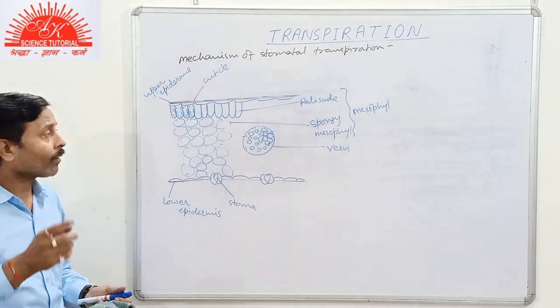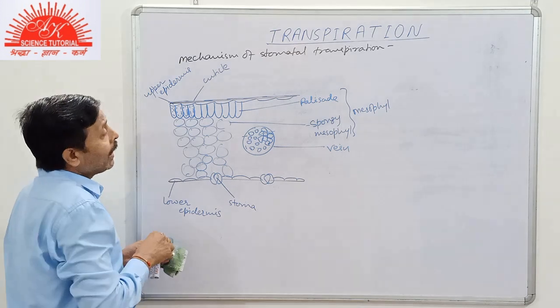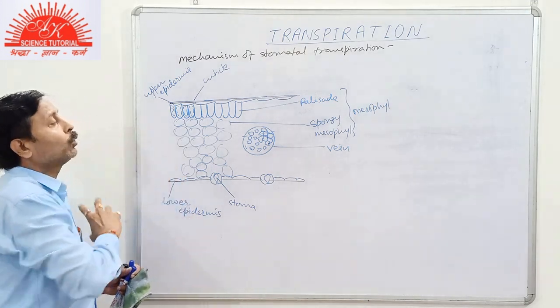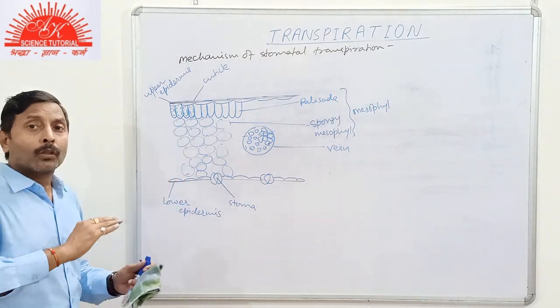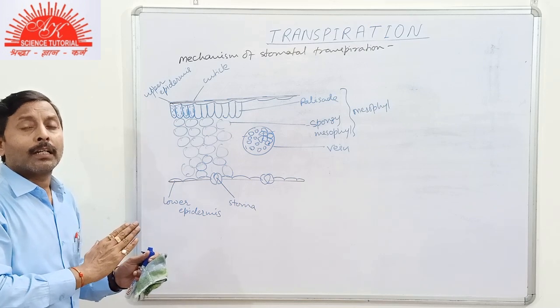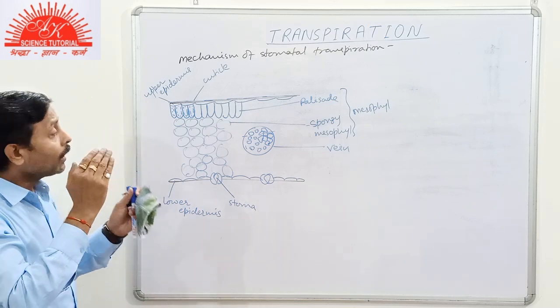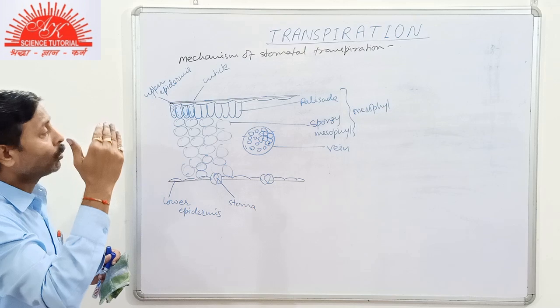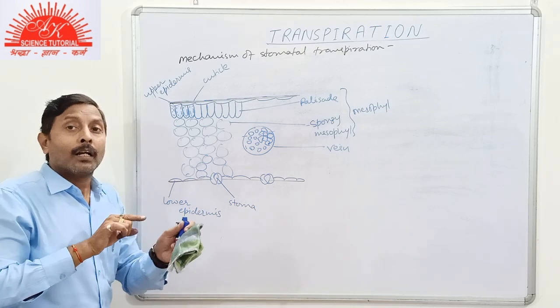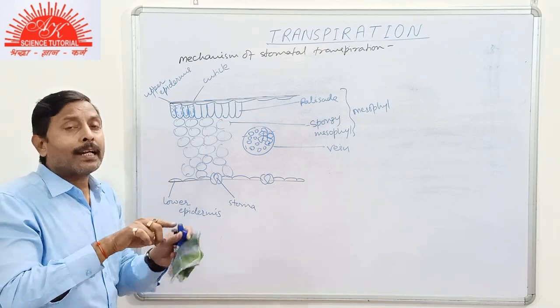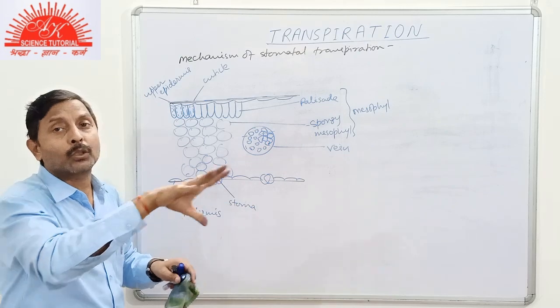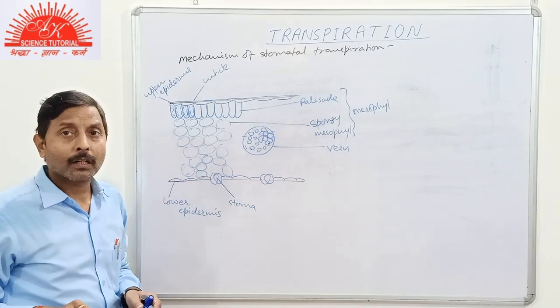What happens here? Students, when the root absorbs water through the xylem vessel, it rises up through the stem and reaches the leaves. In the midrib and then through the veins, water reaches every part of the leaf.